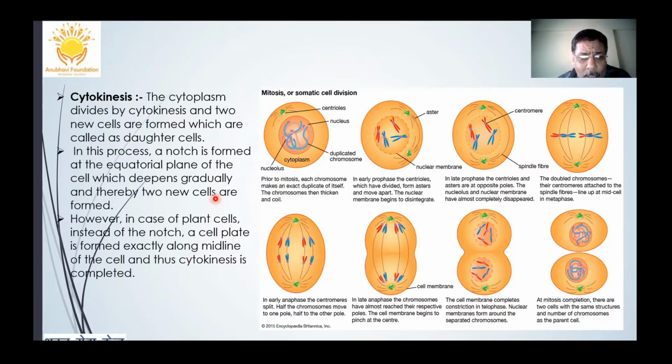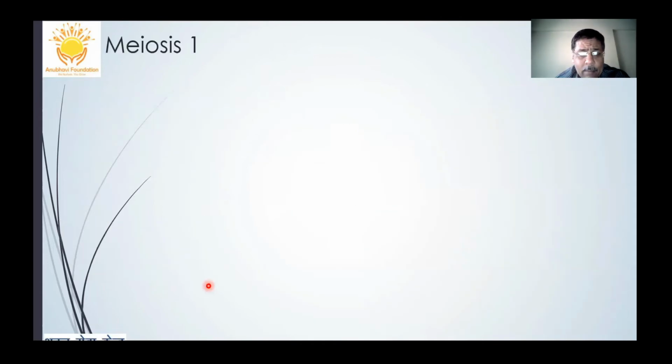In animals, the cell division occurs with the help of a furrow or a notch, which is deepening inside along the equatorial plane, and they will separate the two cells. While in plants, a cell plate is formed, and in this way the two cells can be separated.